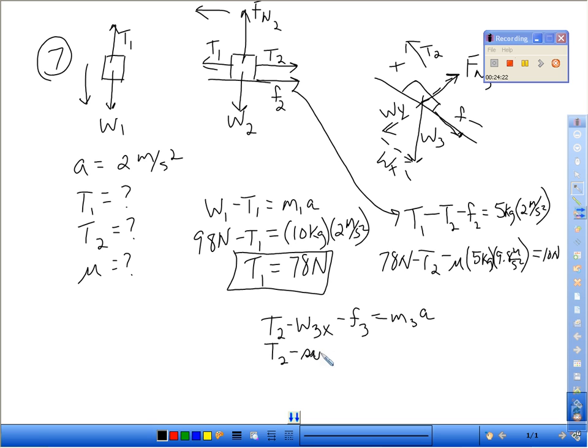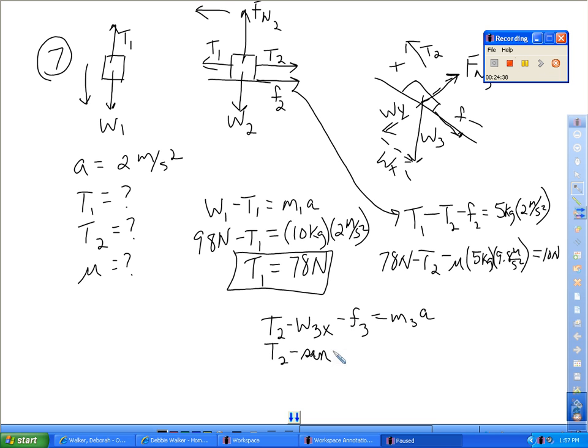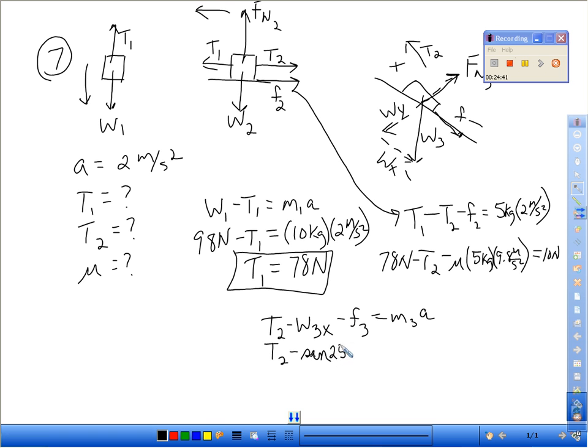So tension 2 is going to be sine of, okay, that ramp angle was given to me, and I don't have it. So let me pause for a minute and find the original. So that's going to be the sine of 25 degrees.